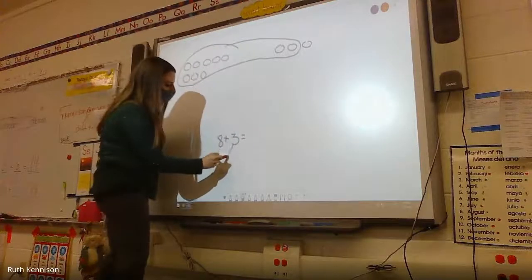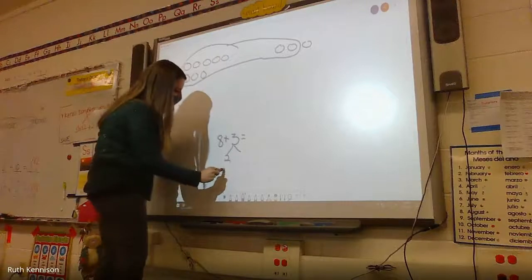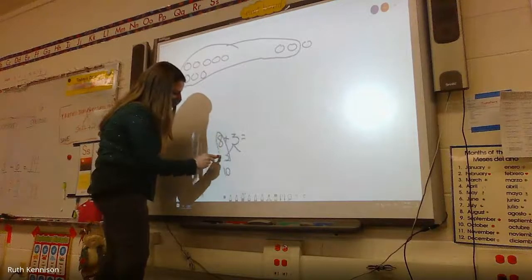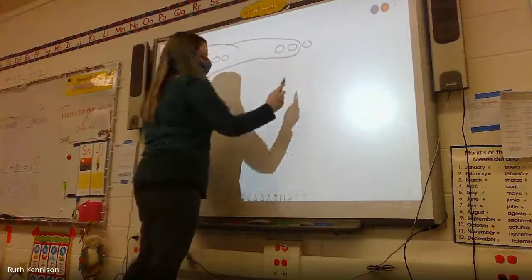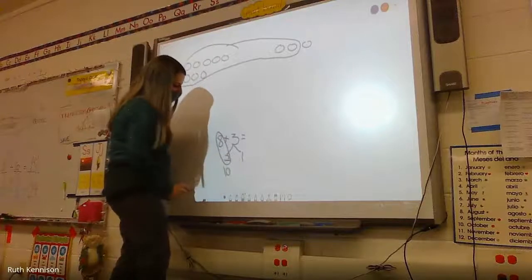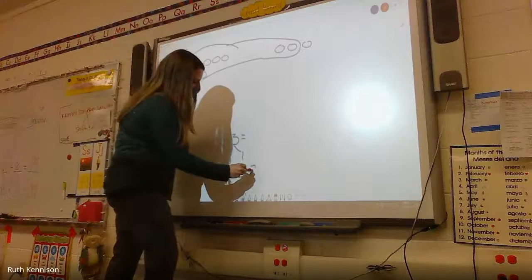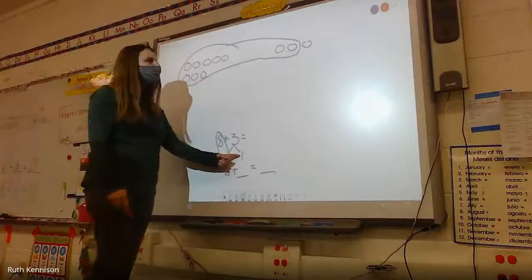You know that 3 take away 2 has 1 left. So you should have broke this up into 2 and 1. Now you're doing 10 plus your leftover number equals what? What's your leftover number?